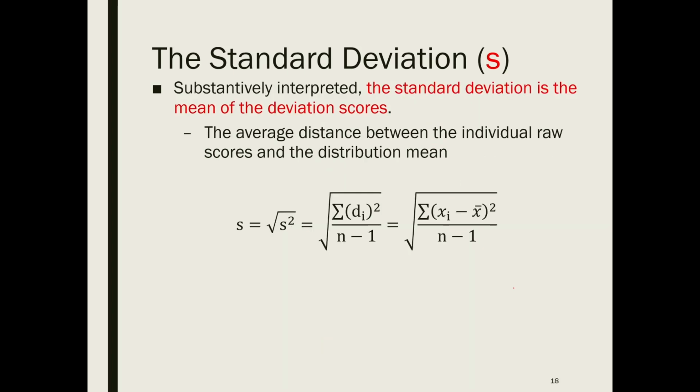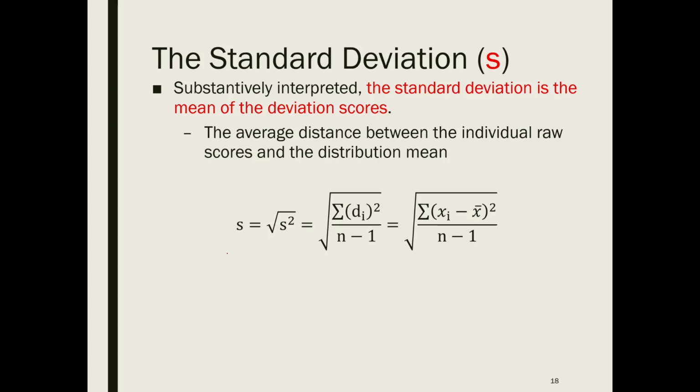The standard deviation is the mean of the deviance scores. It's a good measure of dispersion among continuous data, interval or ratio variables.